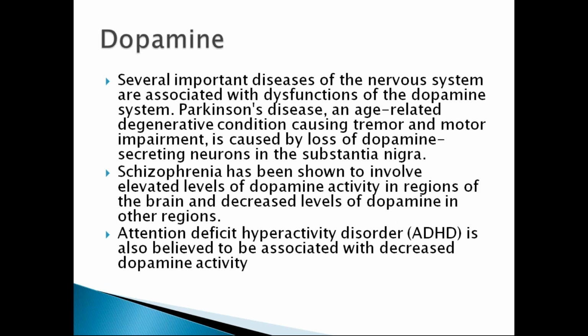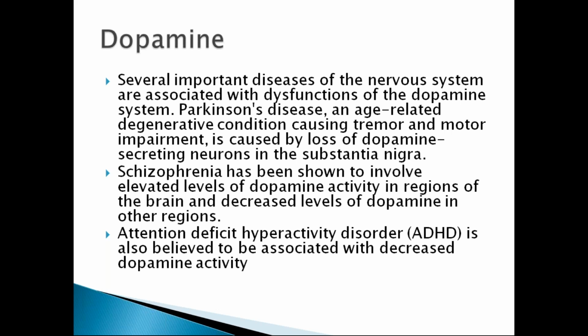What is dopamine? Several important diseases of the nervous system are associated with dysfunctions of the dopamine system. Parkinson's disease, an age-related degenerative condition causing tremor and motor impairment, is caused by a loss of dopamine-secreting neurons in the substantia nigra. Schizophrenia has been shown to involve elevated levels of dopamine activity in regions of the brain and decreased levels of dopamine in other regions.